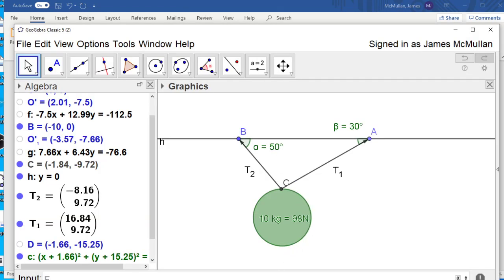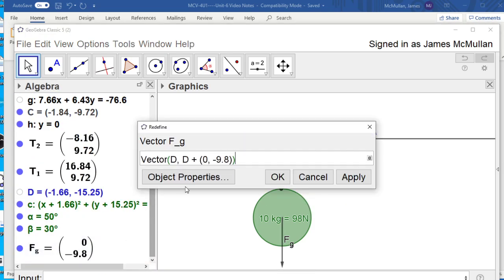I'm going to add a new force, which is the force of gravity. Actually, that's not a good idea, my picture kind of makes this look more confusing than it has to be.